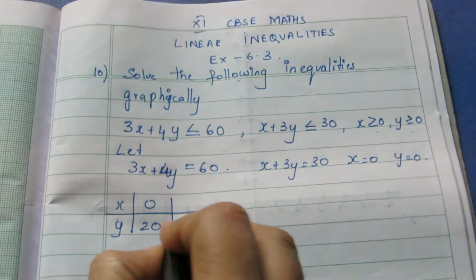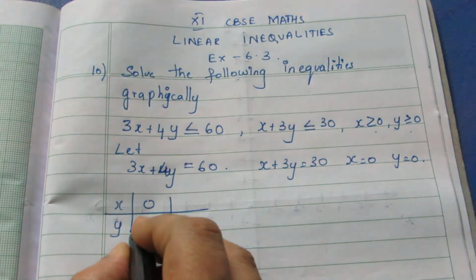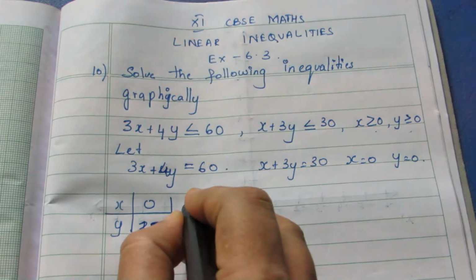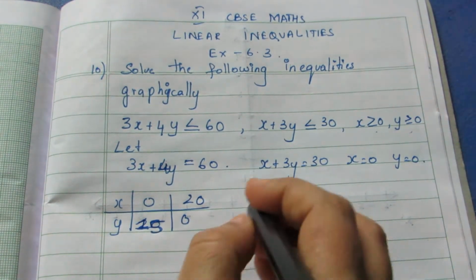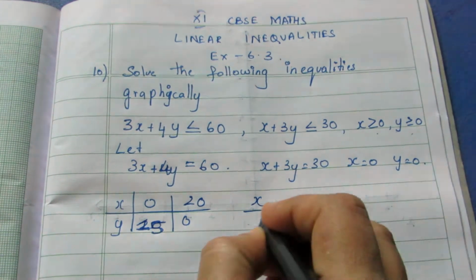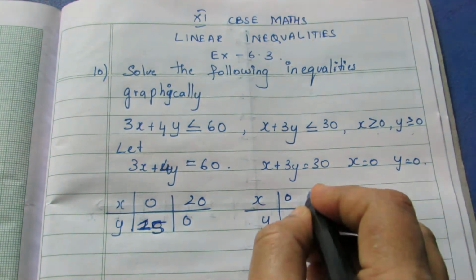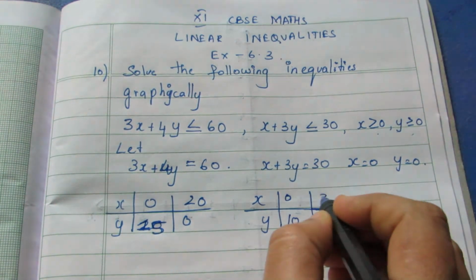If I substitute y to be equal to 0, x becomes 15. Same way, for the second, substitute x to be 0, y will be equal to 10. If I substitute y to be equal to 0, x will be equal to 30.